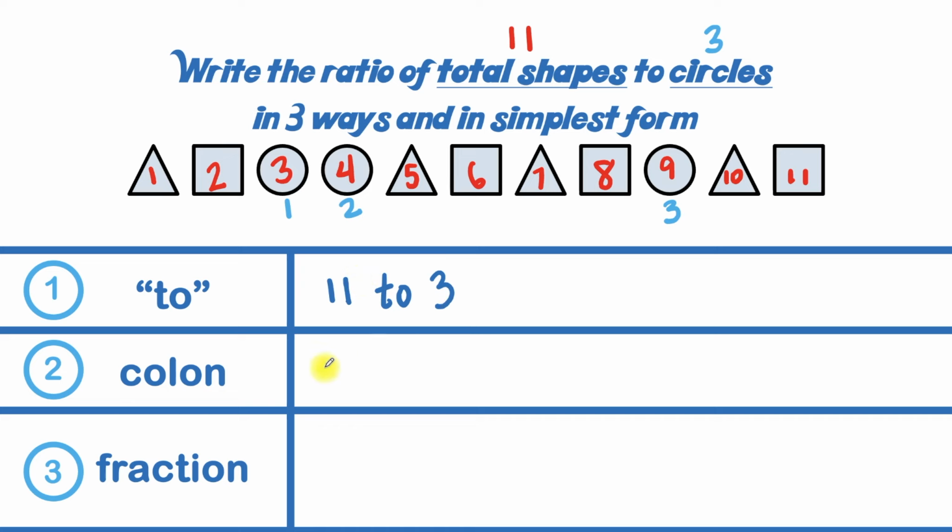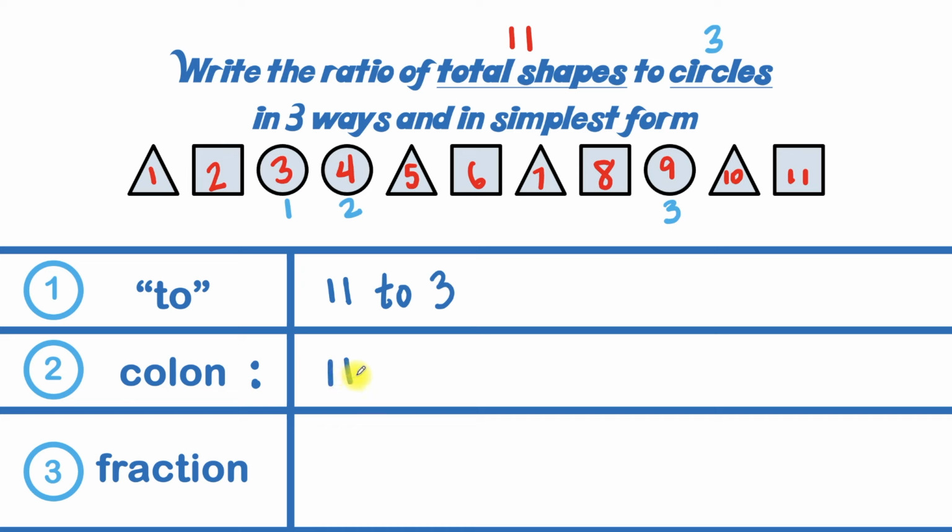So now that we're done here, let's go to the second way to write ratios, which is using a colon. In case you don't know, a colon is just these 2 little dots here, written like that. So the first thing we'll do is write the first value in our ratio. That's still 11.